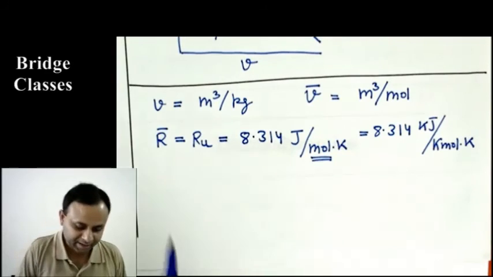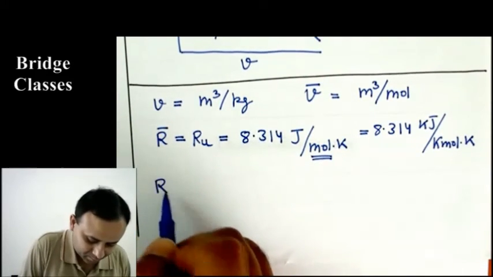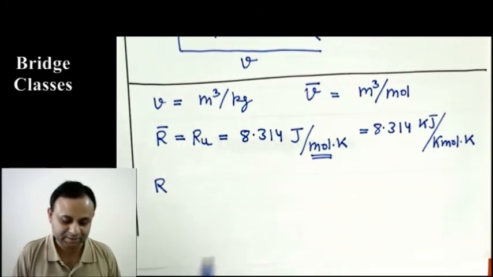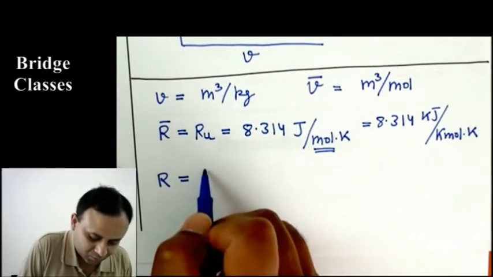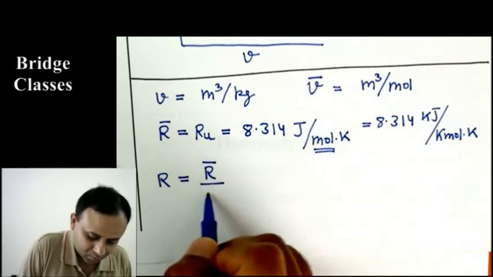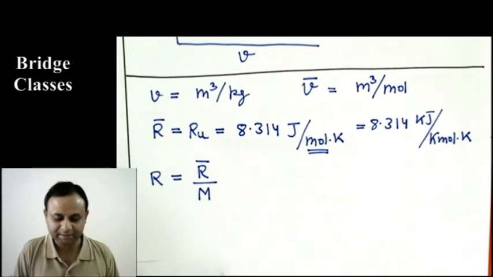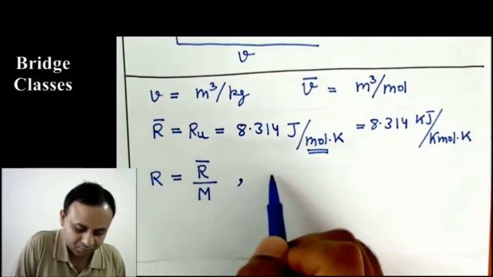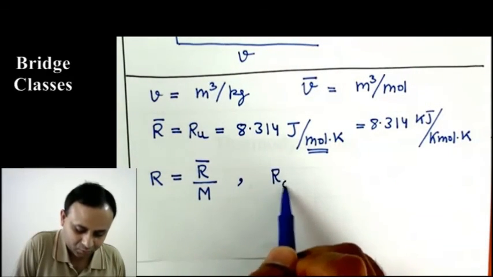Now the gas constant R is not the universal gas constant. It is different. This is the universal gas constant over the molecular weight of the gas. M is the molecular weight of the gas. For example, what will be the gas constant for oxygen?